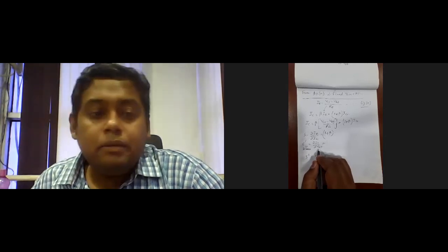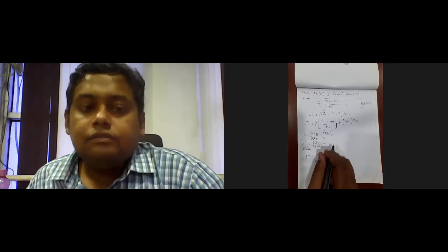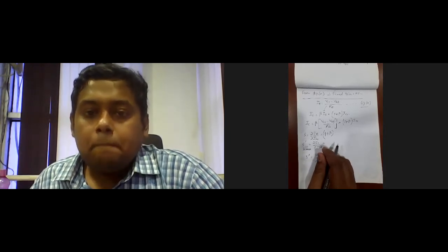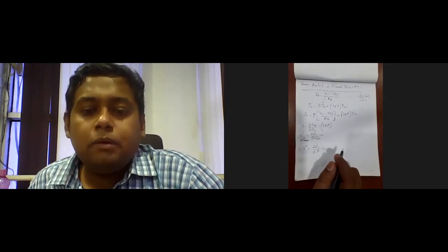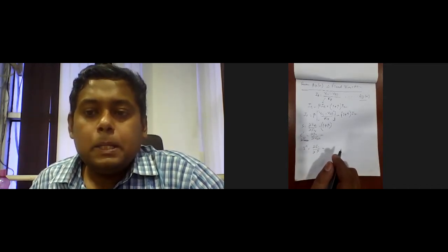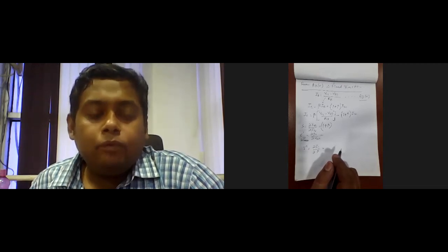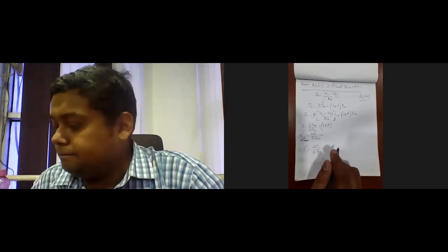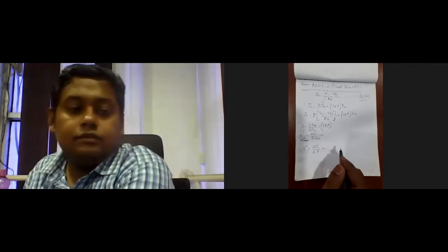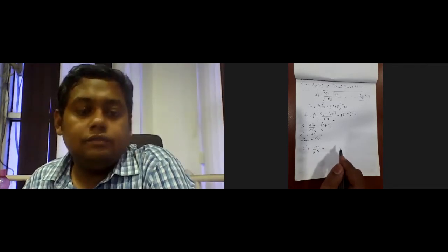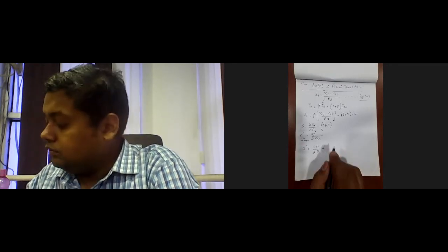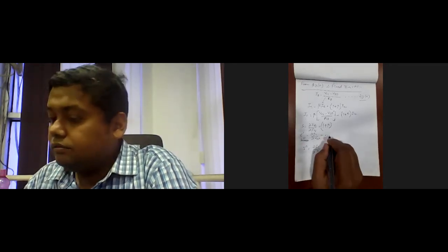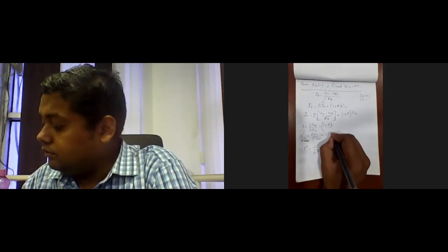What is the value of del IC by del VBE? Minus beta by RB. Minus beta by RB, right.